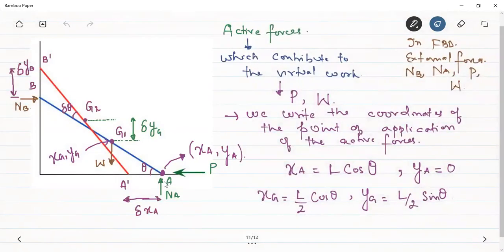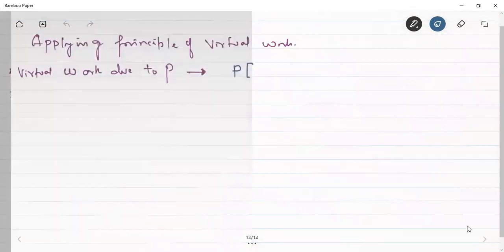Okay, P is acting at A, therefore it is creating a virtual displacement delta xA.